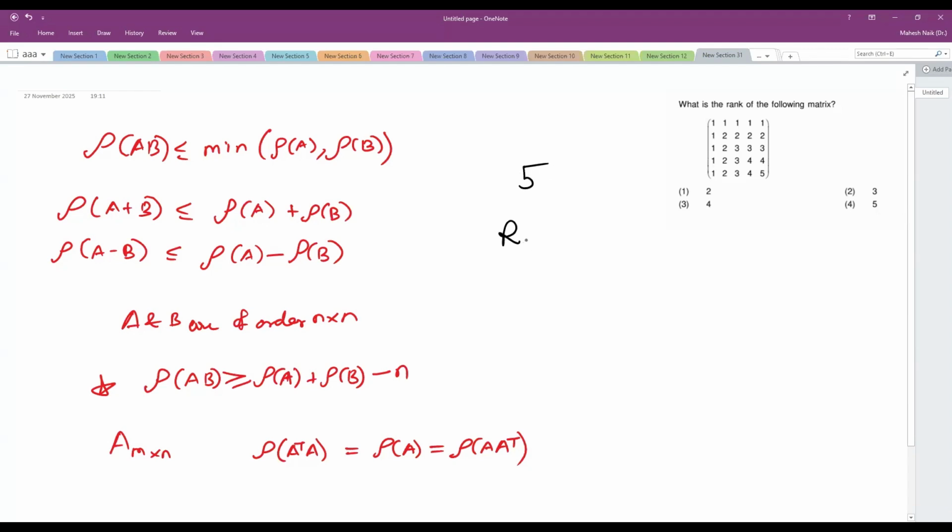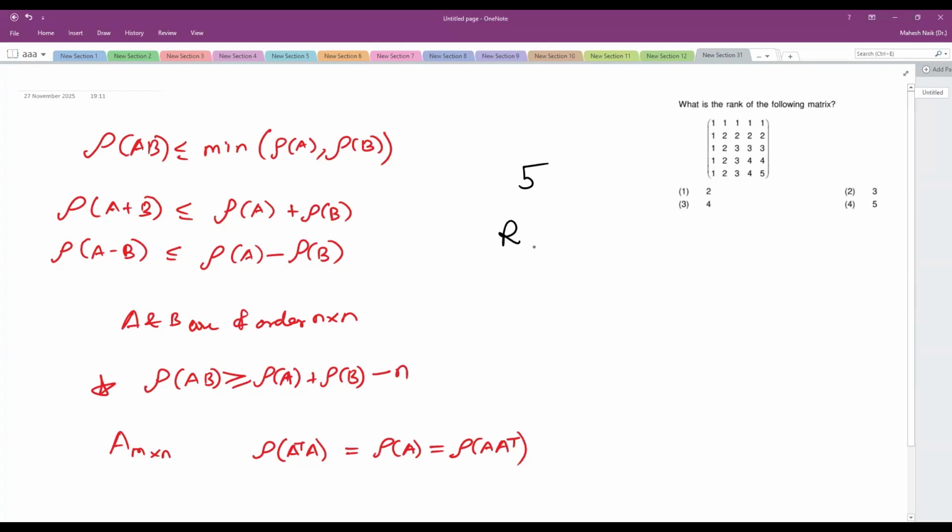So we can proceed with operations like R1 goes to R1 minus 1 by 2 R2, which would make the later elements equal to 0. Or otherwise we can have R2 minus 2 R1, which will make it all ones. And then the same operation can be followed very quickly.